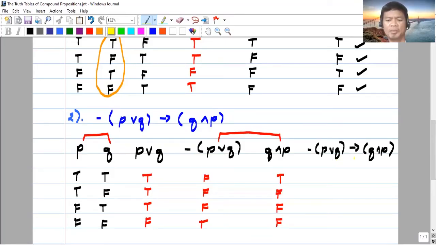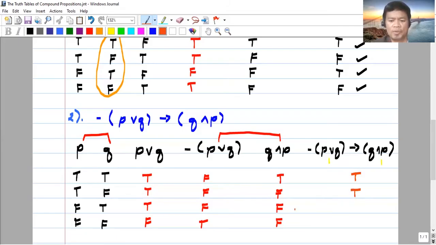P implies Q is false when the first statement is true and the second statement is false. So this is our first statement and our second statement is there. And finally, we have false implies true is true. False implies false is true.